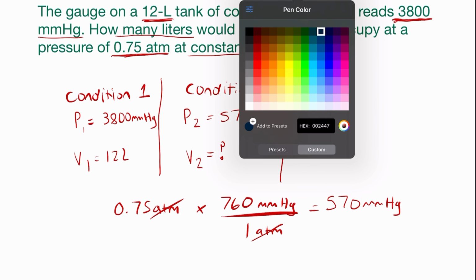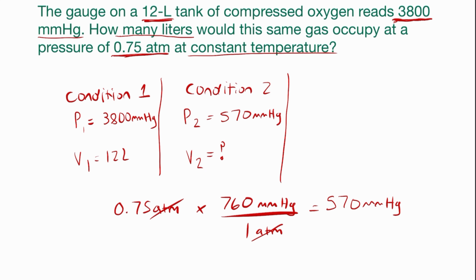Okay, so now how about what we know? What do we know? So if we read this again, the gauge of the 12-liter tank of compressed oxygen reads 3,800 mmHg. How many liters would this gas occupy at a pressure of 0.75 atm? So we're going from 3,800 mmHg to 570 mmHg.